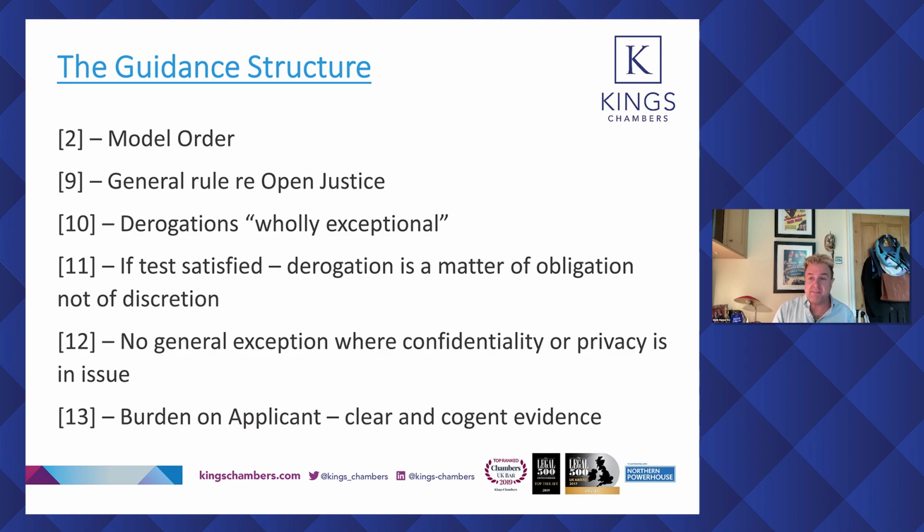If you, for example, satisfy the requirements in CPR 39.2 for a private hearing, then the court does not have a discretion as to whether or not you have a private hearing. It's obliged to give you that hearing in private.